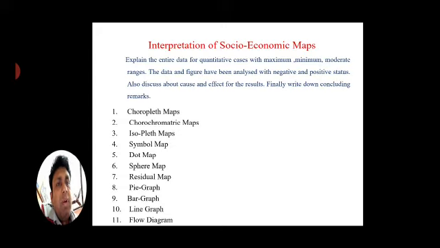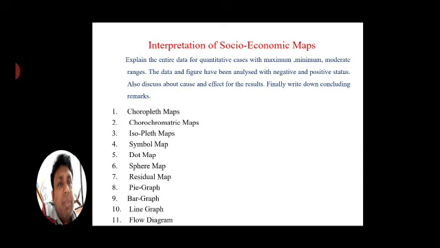Finally, how to interpret socio-economic maps? Primarily, these maps, chorochromatic, isopleth, symbol, dot, sphere, residual, are all types of socio-economic maps. Primarily, we explain the entire data for quantitative data. Then we identify the maximum, minimum and moderate ranges. The data and figures are analyzed with negative and positive status.